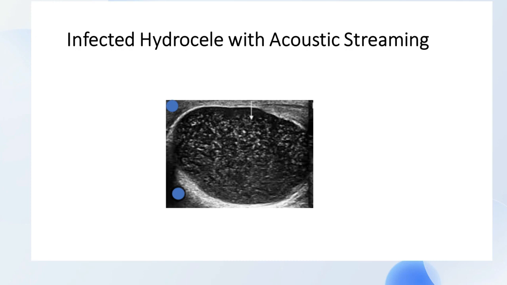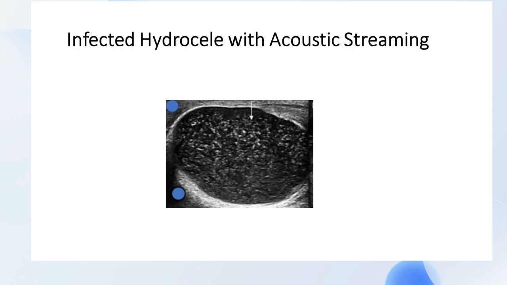As I said, you can see internal echoes, different levels, low level, middle level, or it can be high level internal echoes that you can visualize inside the tunica vaginalis cavity, like in this case. So this is a sonographic appearance of what is called infected hydrocele.